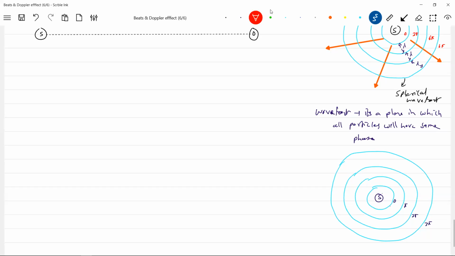This will become lambda by 2. Am I right? Lambda by 2, lambda by 2, lambda by 2. Sir, I will draw 0, pi by 2. In that case it should be lambda by 4. Like this, you can draw infinite wavefronts.